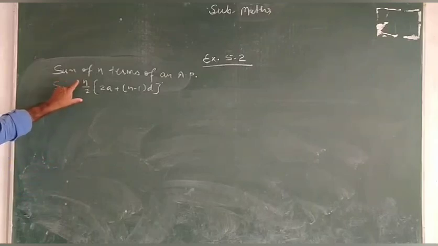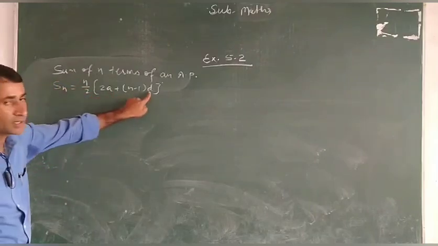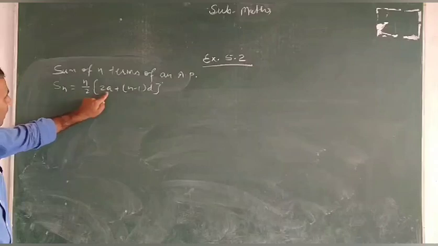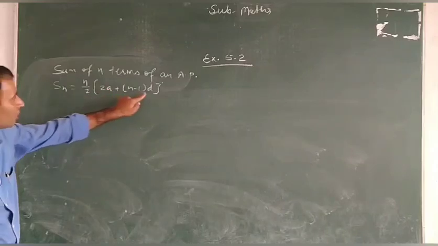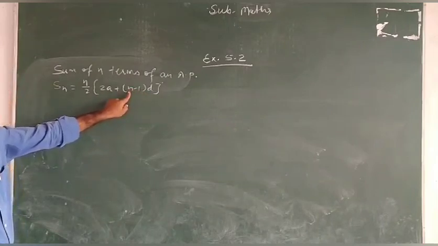Here the unknown terms are n, a and d. A will be the first term of the AP, D will be the common difference, and n will be the number of terms.